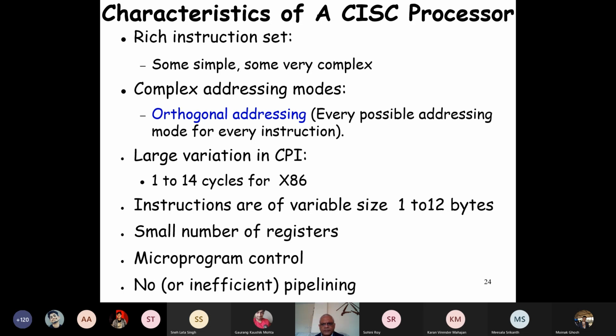We had something called a micro-coded control. The control itself had a program stored, executed, and so on. So that's called micro-program control, and pipelining was not possible. But then, as we were telling the story, Intel, even with its CISC architecture, started doing pipelining on the CISC processor itself and got some benefit, and that's how it really outmaneuvered Motorola, etc., who fell back.